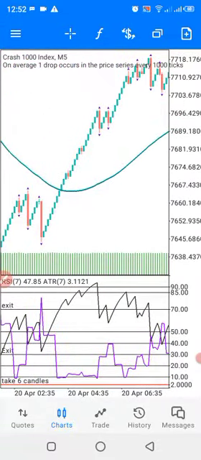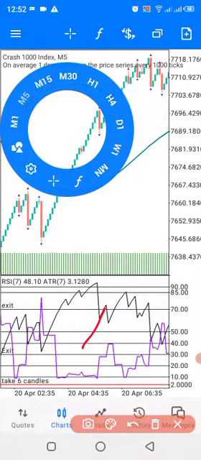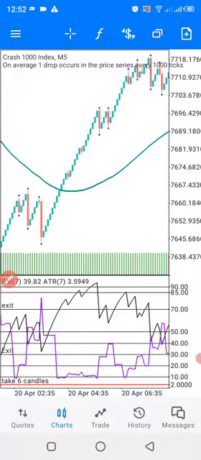Look at this one. Look at what the moving average is doing here. Look at the moving average. What did it do? Look at it.